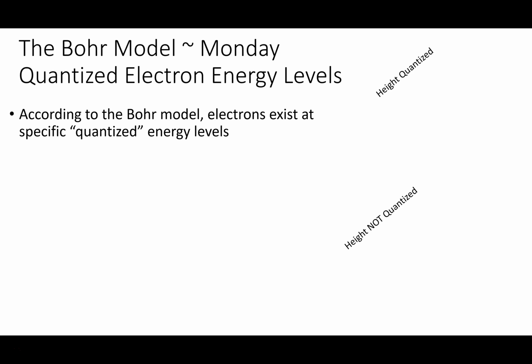So, electrons, starting with Bohr and then on with Schrodinger, they said that electrons aren't just willy-nilly, they actually have certain energies. The closer the electron is to the center of the atom, which we call the nucleus, the lower the energy.